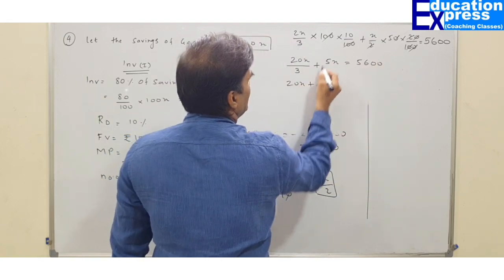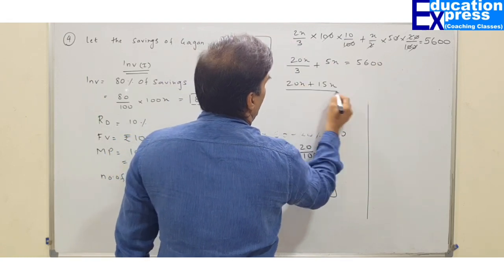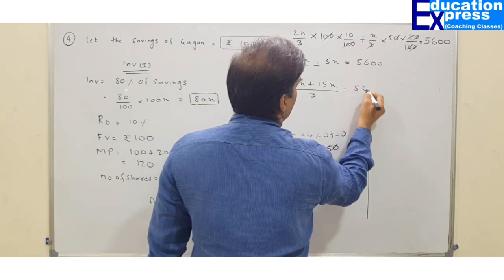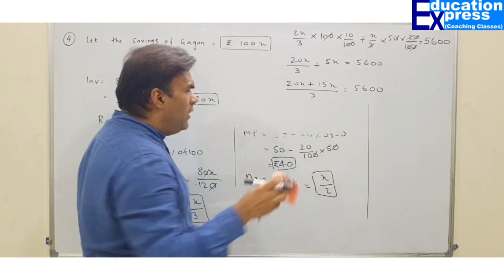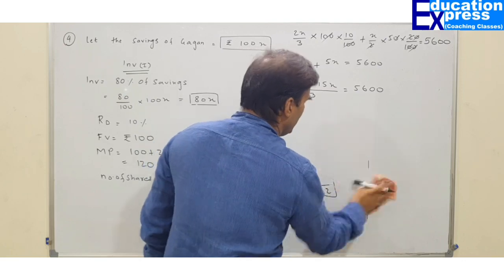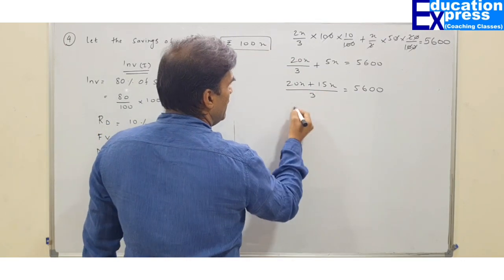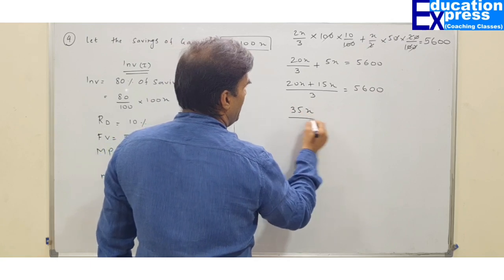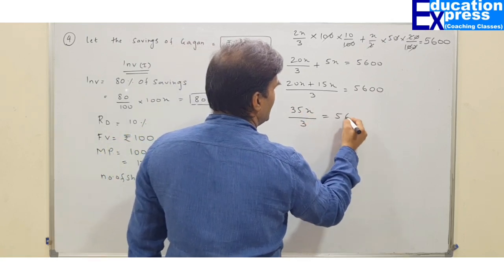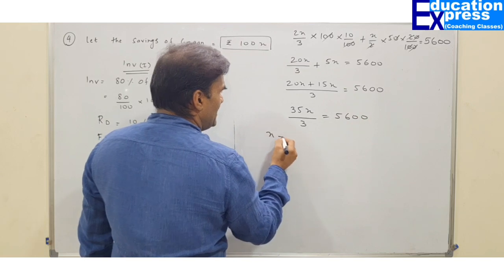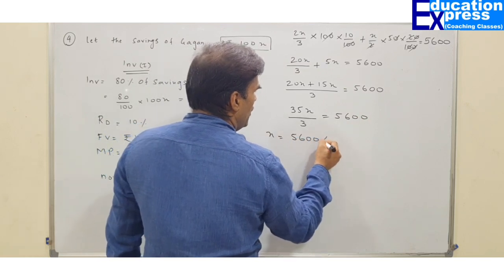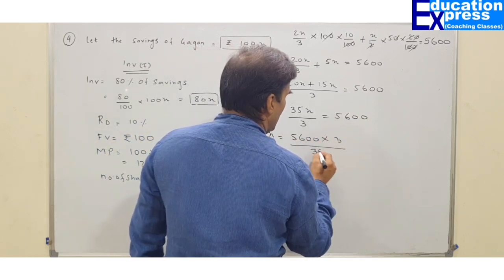5x equals 5600. 20x plus 15x upon 3 is 5600. When you solve this further, this becomes a basic linear equation. 35x upon 3 equals 5600. So my x is going to be 5600 into 3 upon 35.